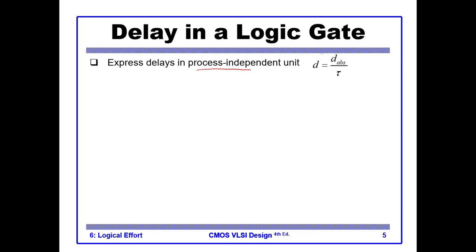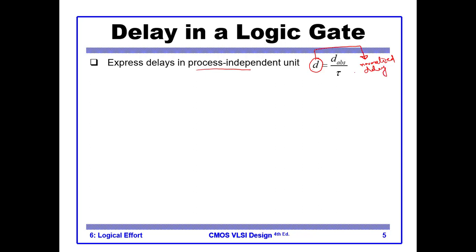We want to define the delay such that it is independent of the underlying manufacturing process. So we define the delay D. This we call normalized delay.